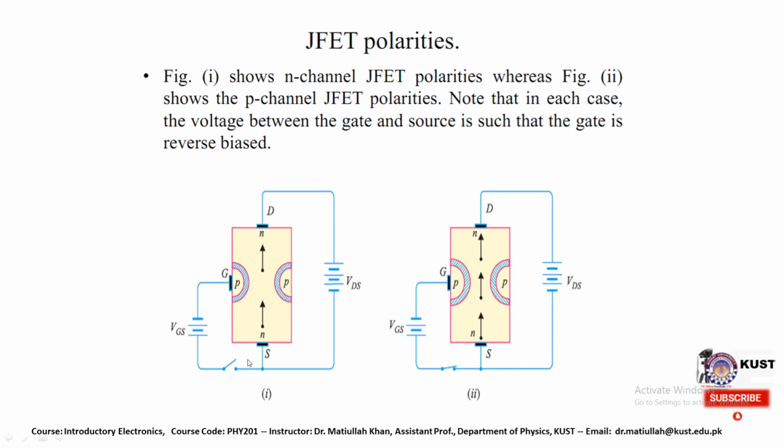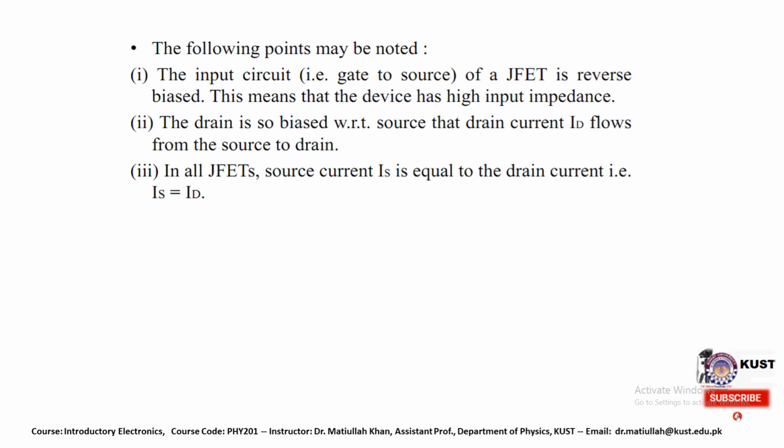Here we have an open circuit, and there is a closed circuit, so the current flows through that, and this is the region where the current passes. The P region can control the magnitude of current with the help of that. So this is the structure of the junction field effect transistor, and the junction field effect transistor polarity is the direction of current that is flowing through it.